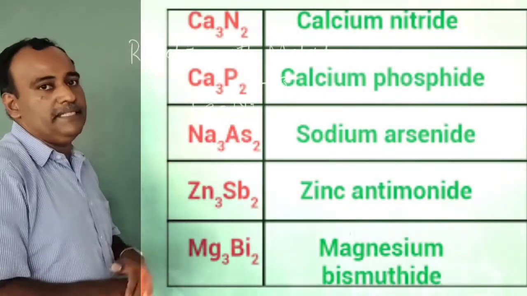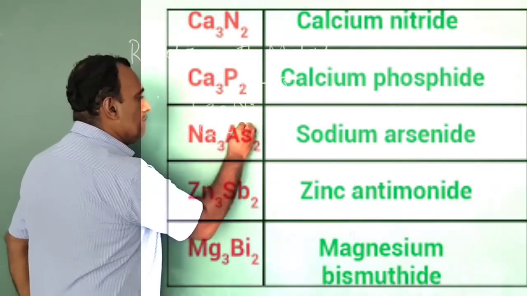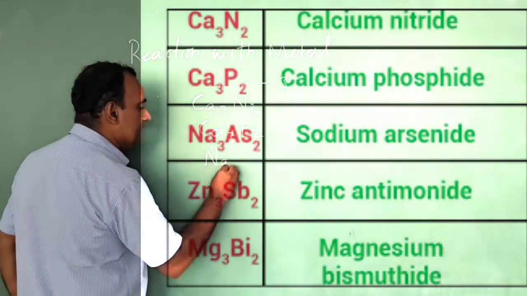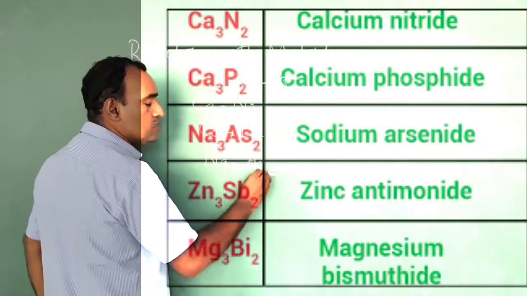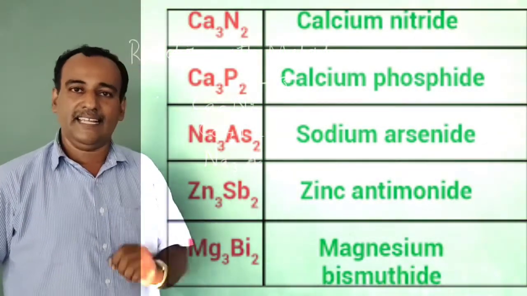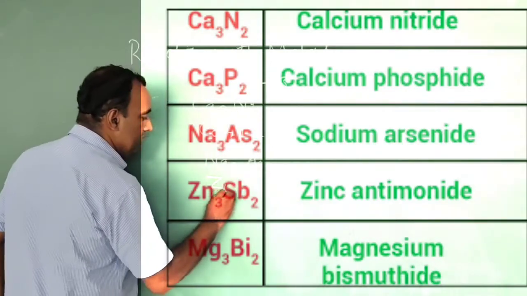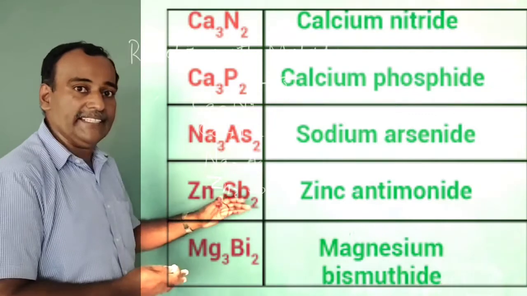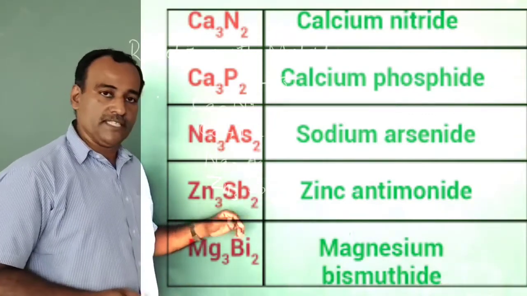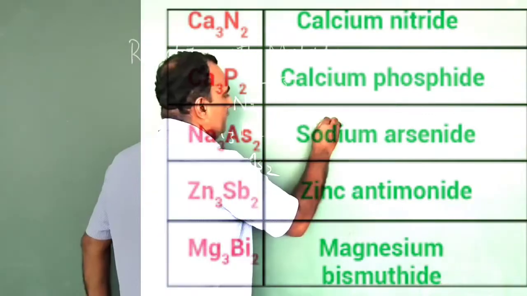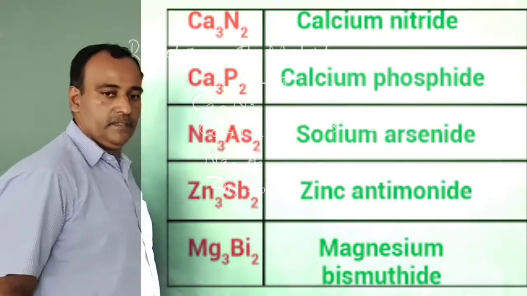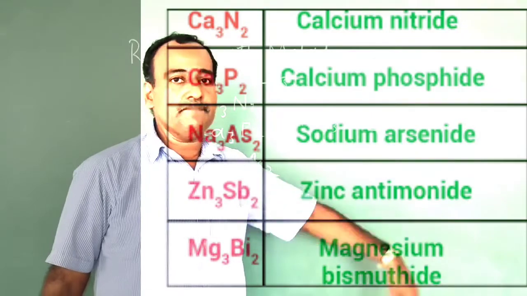Ca3N2, calcium nitride; Ca3P2, calcium phosphide; Na3As2, sodium arsenide; Zn3Sb2, zinc antimonide; Mg3Bi2, magnesium bismuthide.